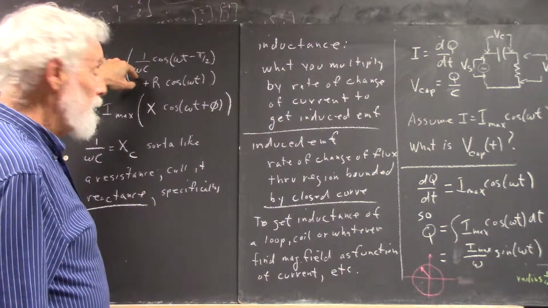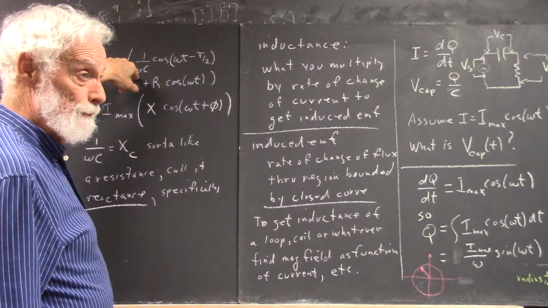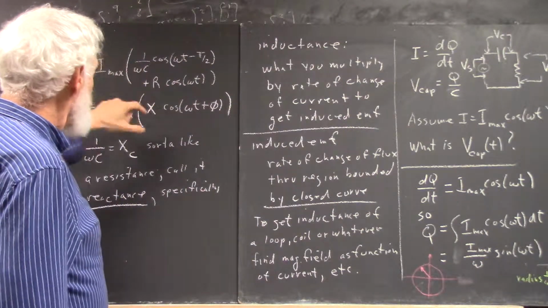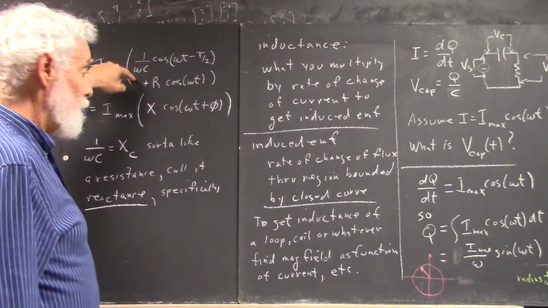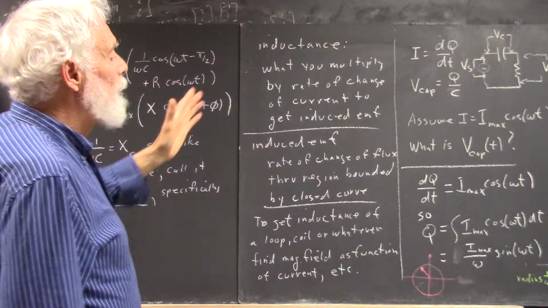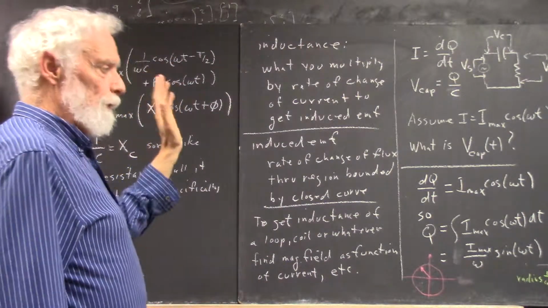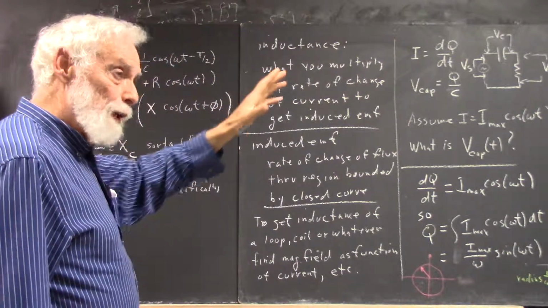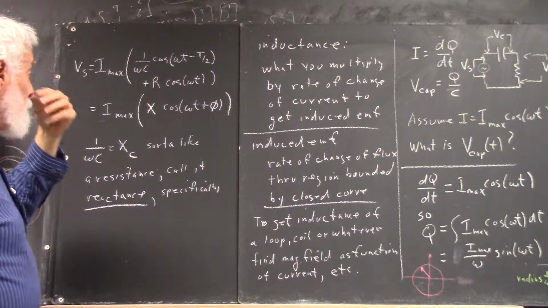But 1 over omega c kind of acts like a resistance, because the bigger 1 over omega c is, the bigger this x is going to be. Of course, the bigger 1 over omega c is, the closer the resultant on your phase diagram is going to be to the direction of the capacitor voltage. Well, we'll worry about that later.